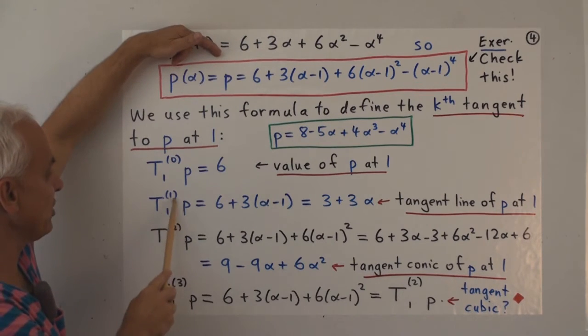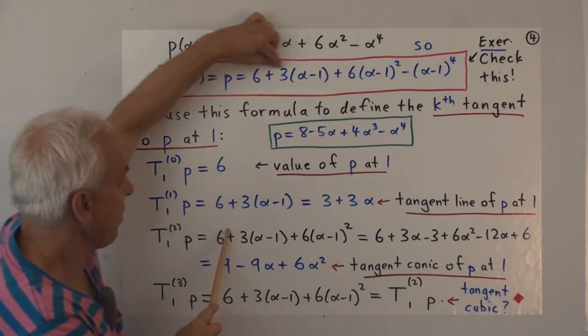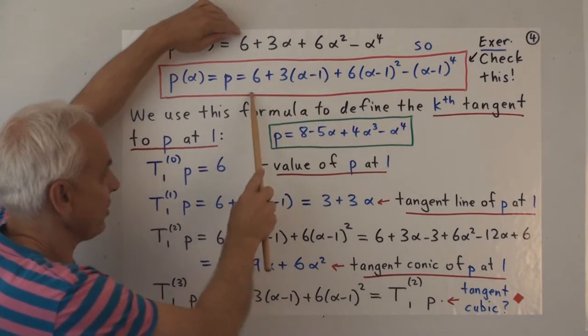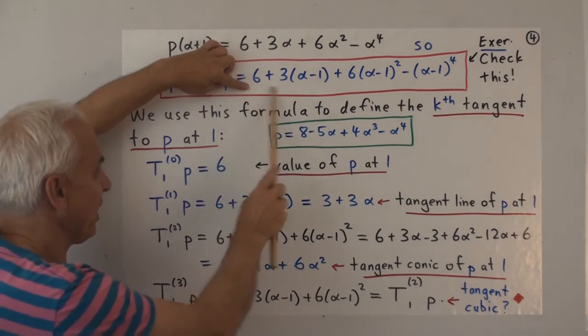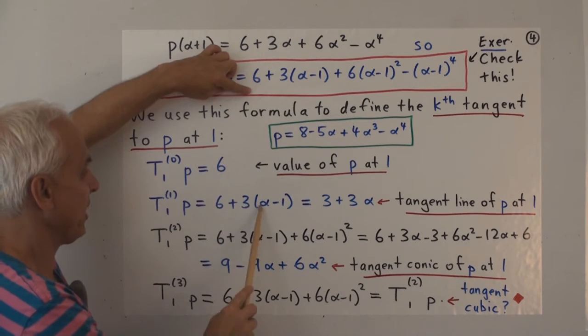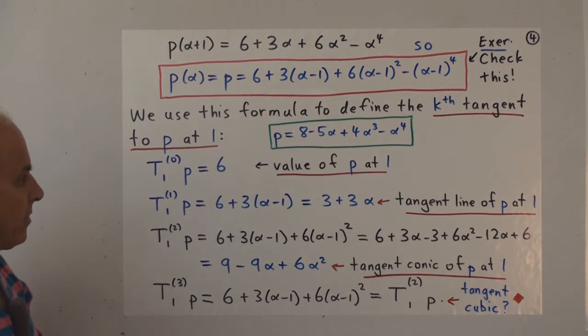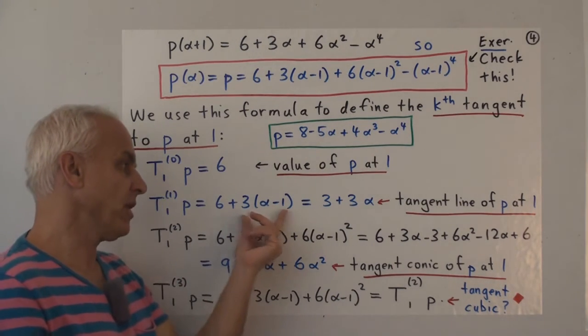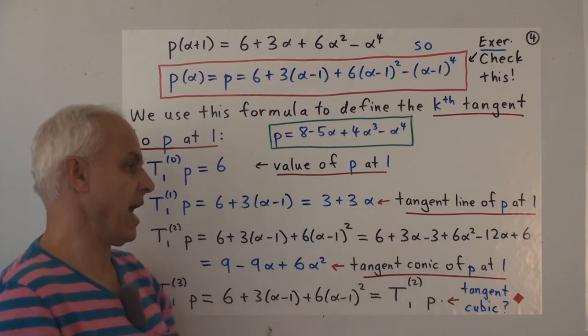The first tangent is what we get when we just take the linear part, or the part of degree up to 1. 6 plus 3 alpha minus 1. Now we can expand that out and rewrite it as 3 plus 3 alpha.